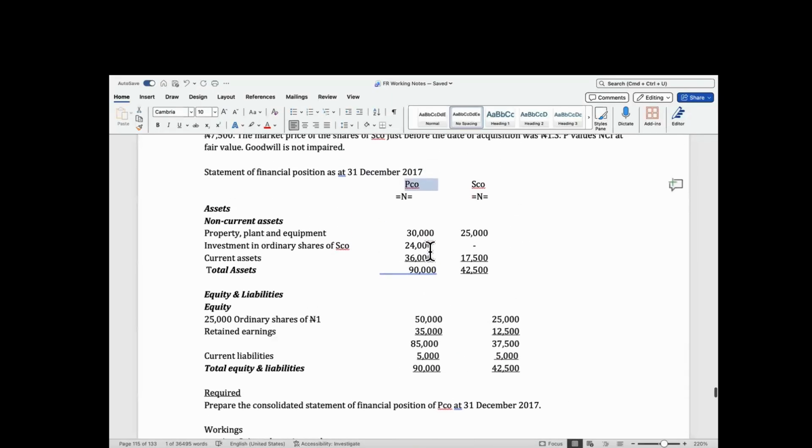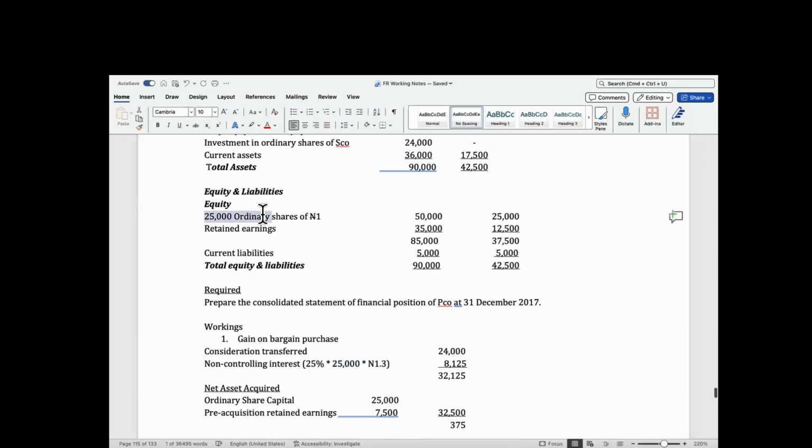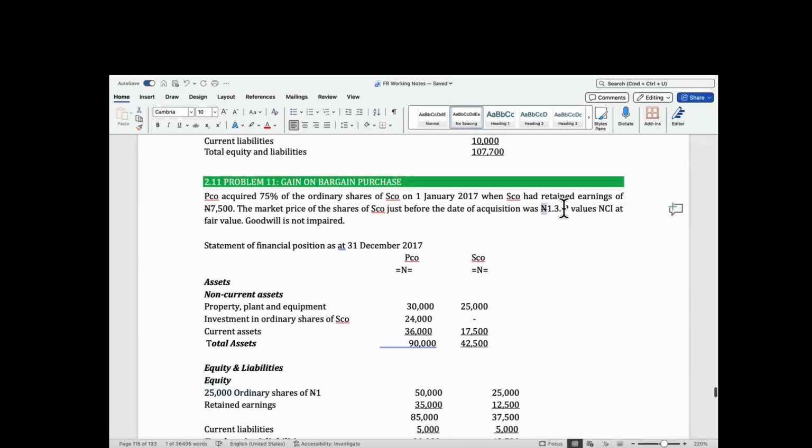So we just need to cancel out this against equity. So consideration transferred, 24,000. I cancel it out against NCI, which is 25% times the number of ordinary shares, which is 25,000 ordinary shares, multiplied by the share price of the subsidiary, which is 1 naira 30 kobo.